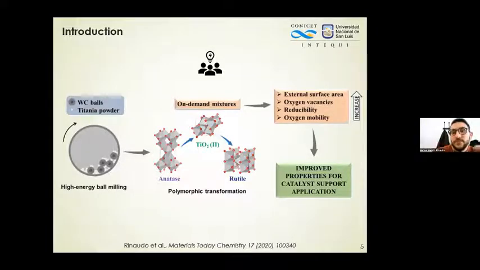All of these improved properties could be used in catalyst supports, for example, in oxidation reactions, both in gas phase or liquid phase.